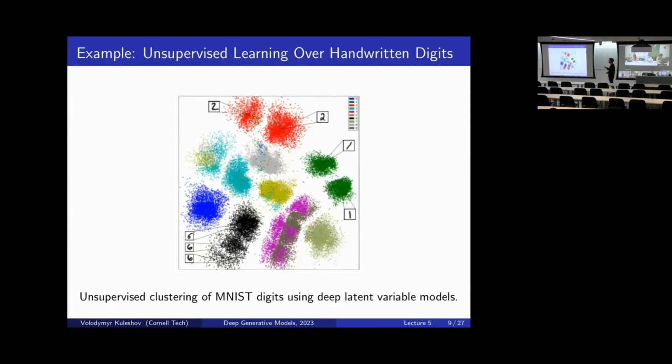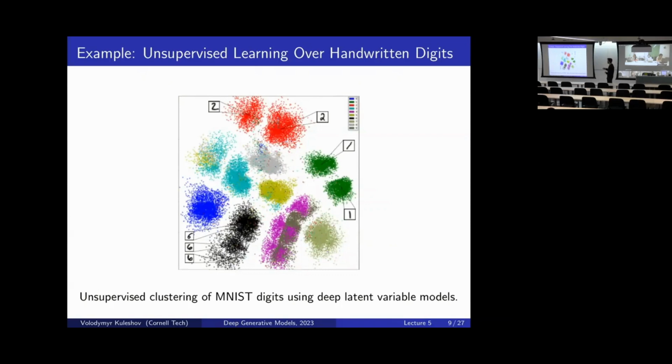Okay, so here the model has learned to map images into a two-dimensional latent space. And what you see here is that the model has discovered interesting structure in this data. There's obviously clusters here.